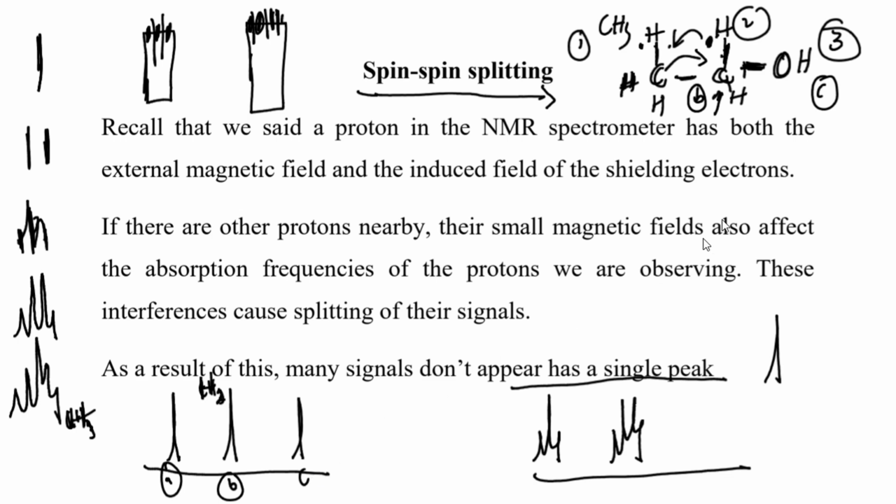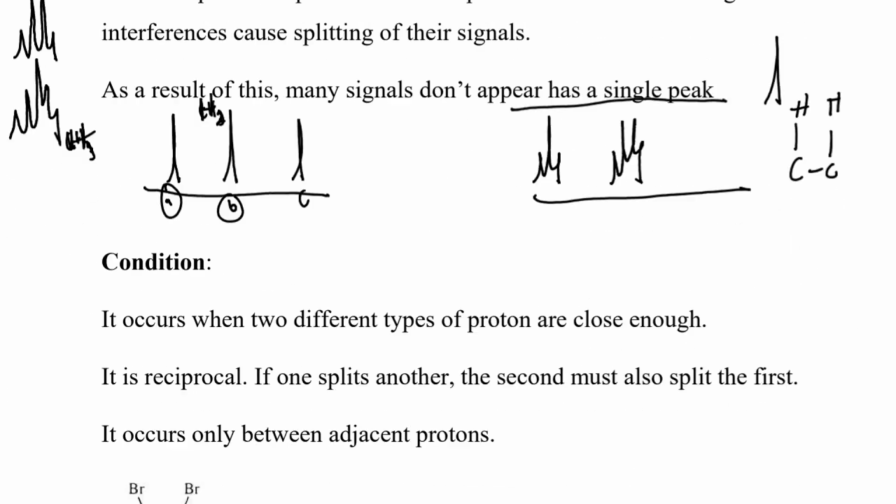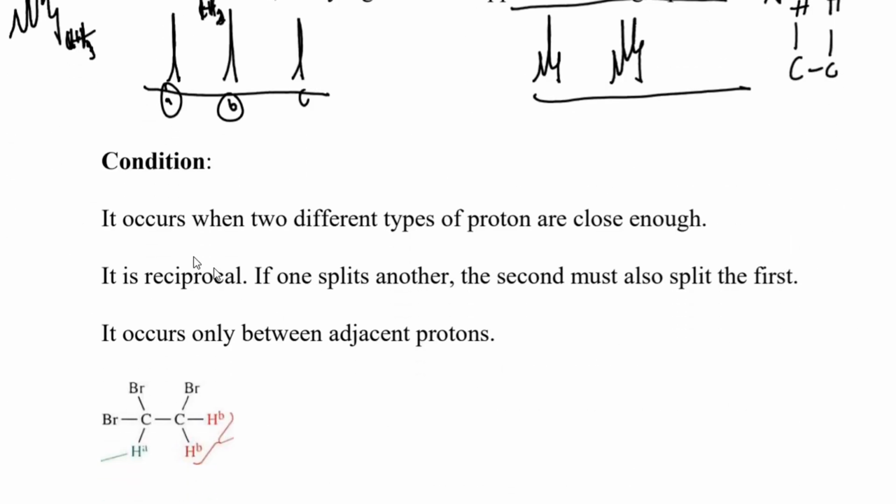So the OH here does not partake in this splitting because it's not adjacent to these two. It's when we have something like this that the splitting occurs. Not even on the same carbon, no. So the condition is that it occurs when the 2 types of protons are close enough that they are adjacent.